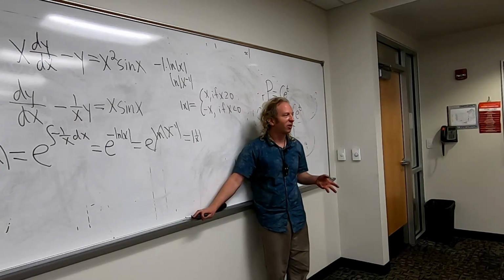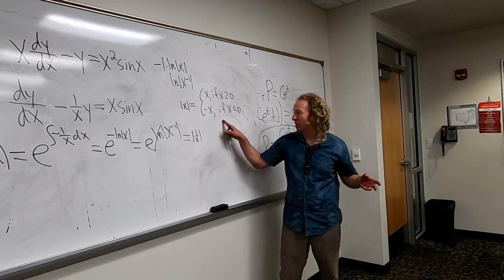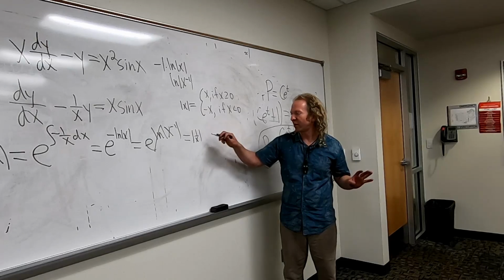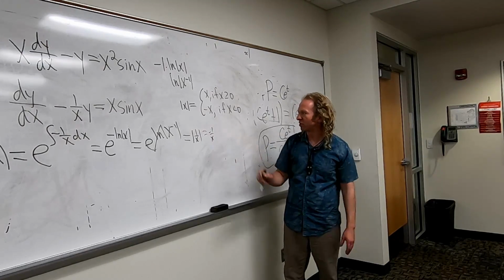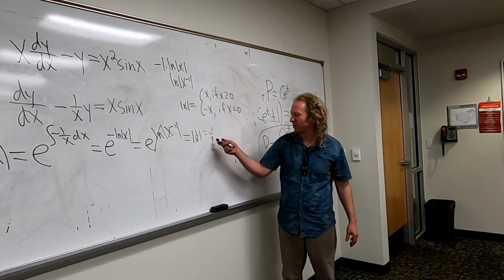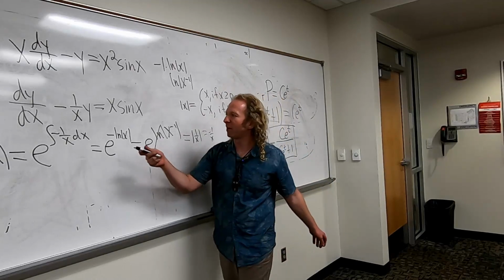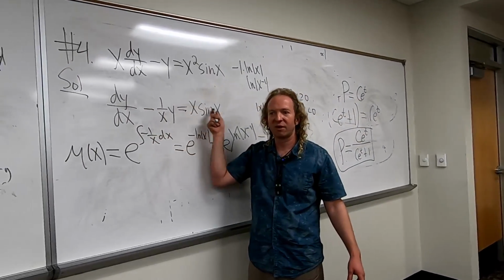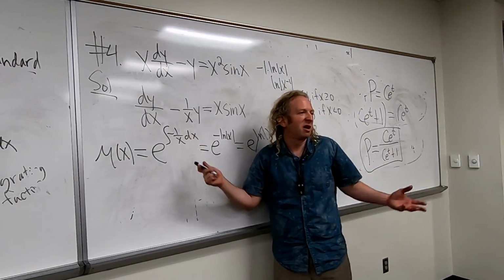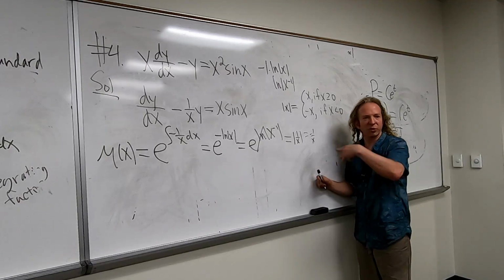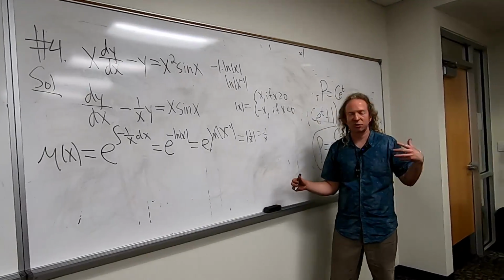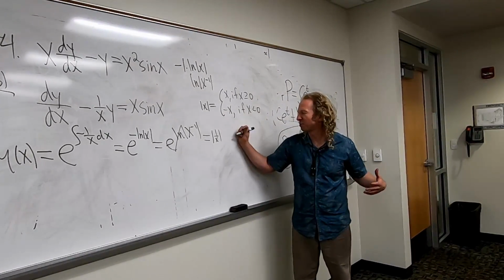Well, we can do whatever we want. We could write negative 1 over x. Let's say we pretend it's less than 0. Then we can multiply by negative 1 over x in the next step, but then we can divide by negative 1, so it's like multiplying by 1 over x. So it doesn't really matter which one we choose. I like to choose the easier one, so I always pretend it's positive.